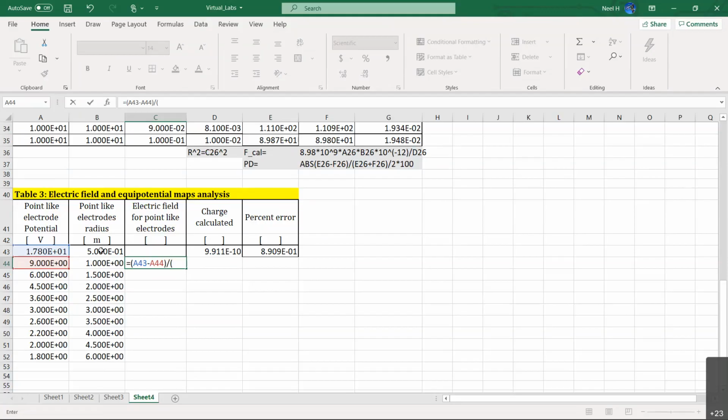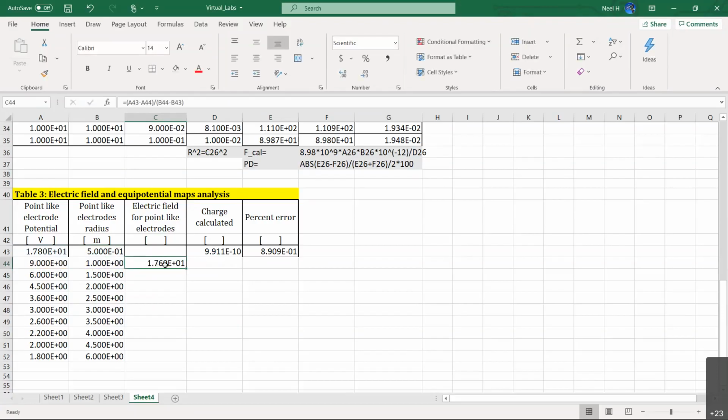That means first minus second, but you need the absolute value. You can see potential is decreasing, but the radius is increasing. When you take the difference, I need only a positive number here. Take the larger one minus the smaller one, right? For this case, let's do it this way. Then I don't need the absolute value sign there. It will automatically give me the positive sign.